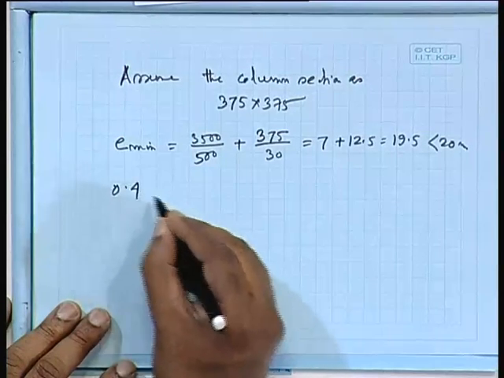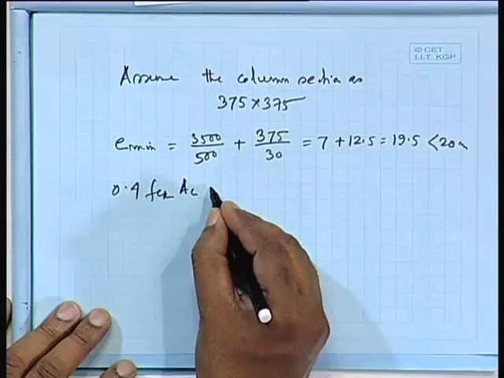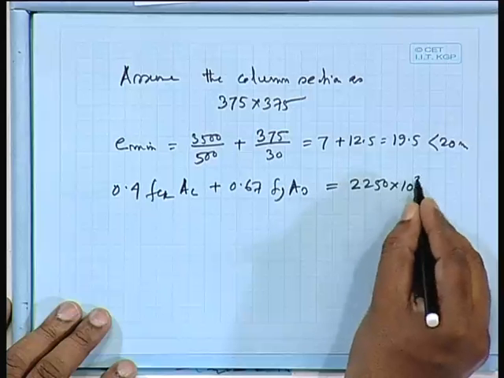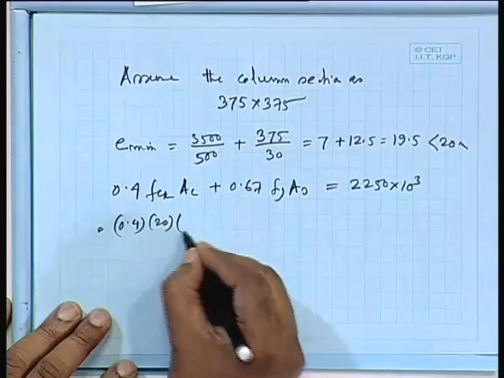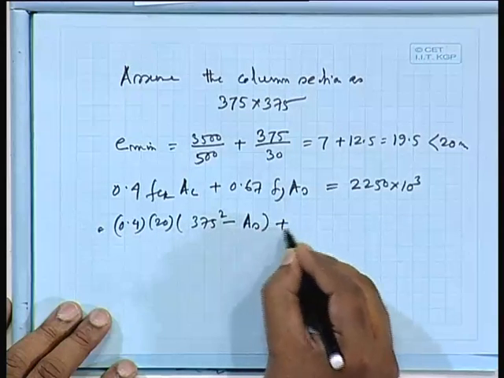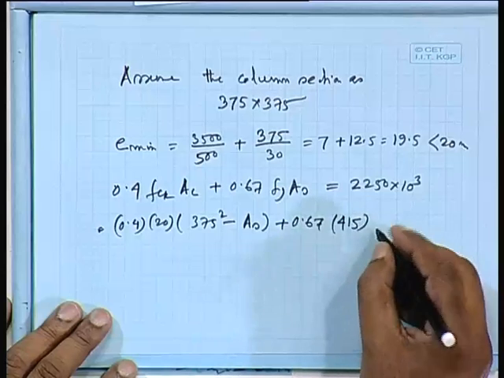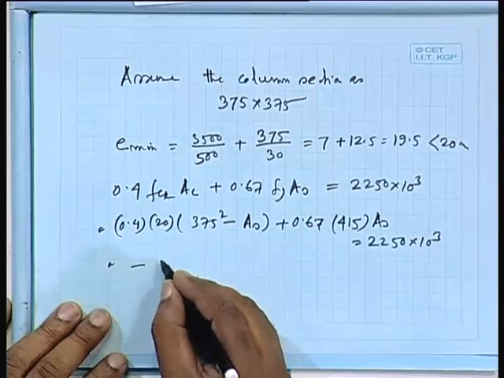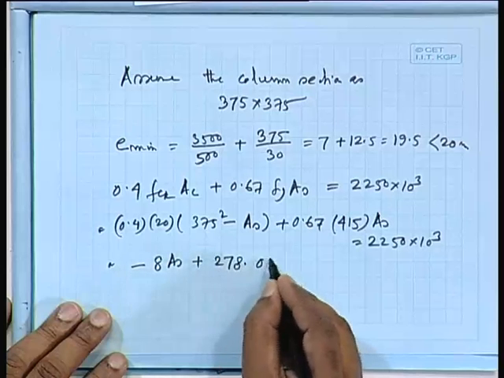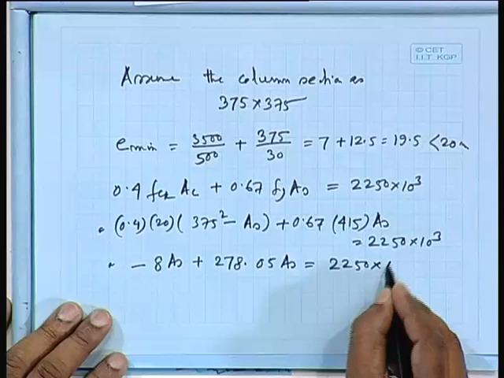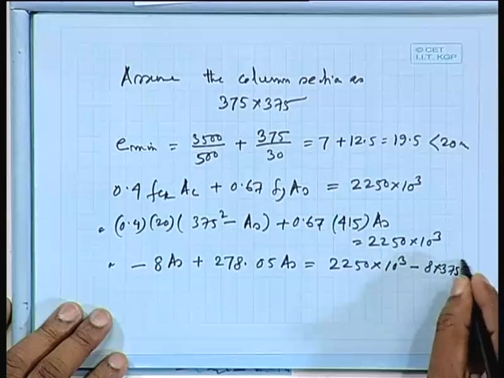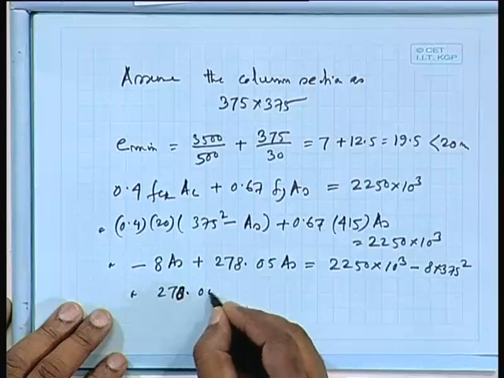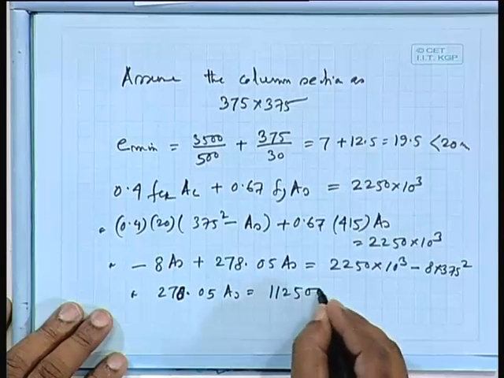What about the area of steel? We can take the same formula: 0.4 fck Ac plus 0.67 fy As equal to 2250 into 10 to the power 3, or 0.4 times 20 times 375 square minus As plus 0.67 times 415 times As equal to 2250 into 10 to the power 3, or minus 8 As plus 278.05 As equal to 2250 into 10 to the power 3 minus 1125000, or 270.05 As equal to 1125000.